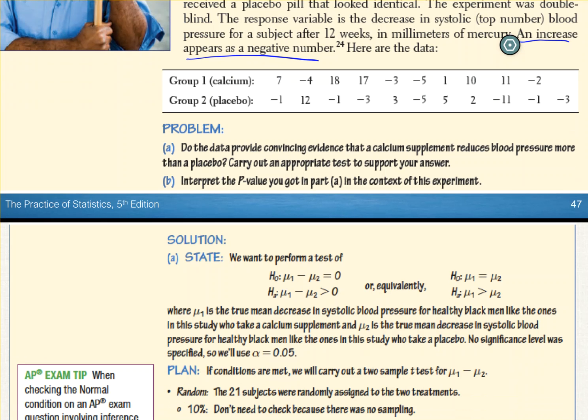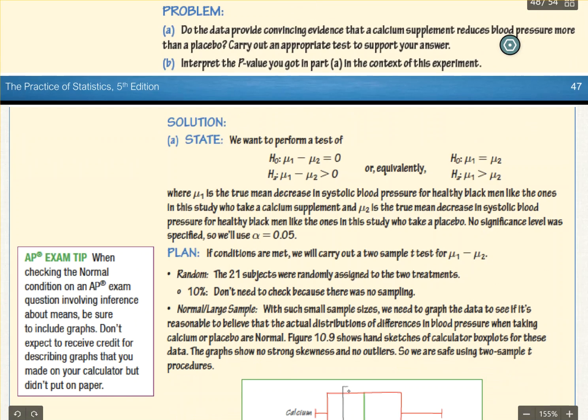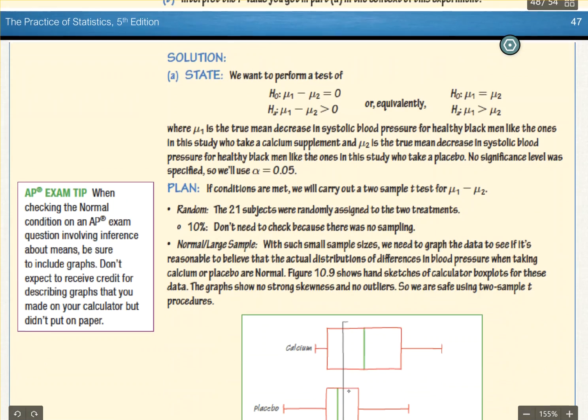If that's positive, then taking the calcium supplement is a good thing to lower blood pressure. And again, we use alpha equals 0.05.